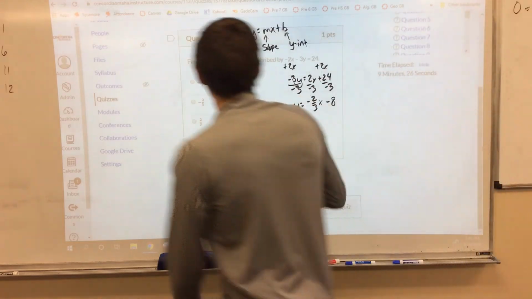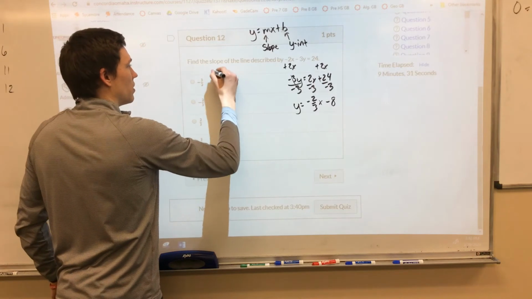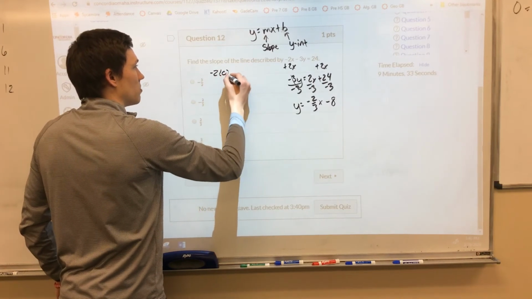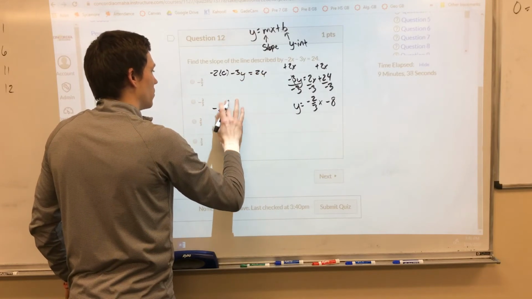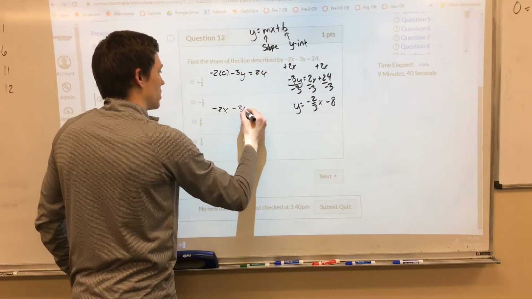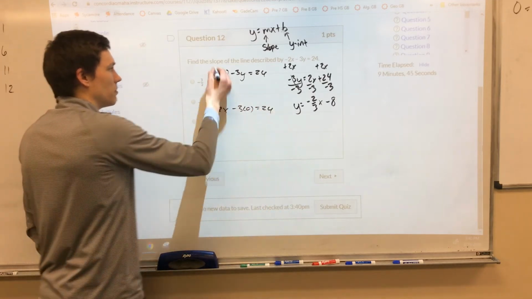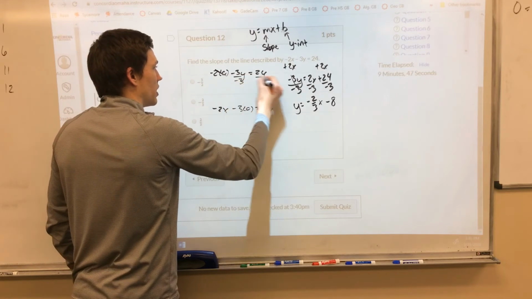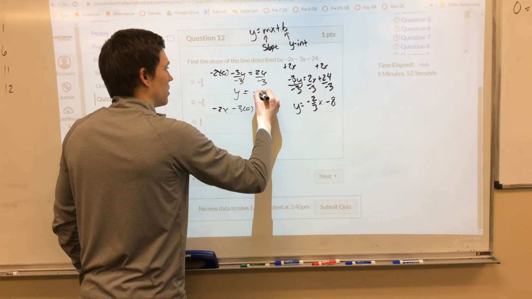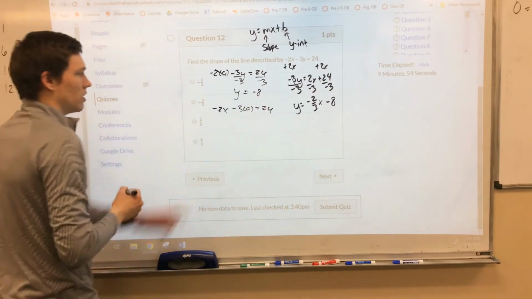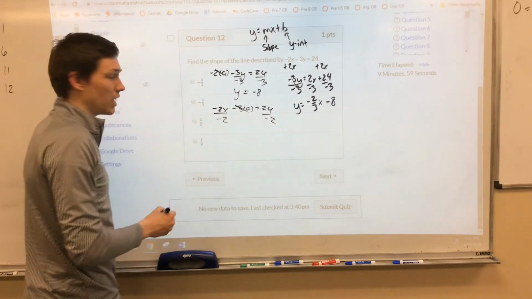The other way, I'm going to plug in zeros for both of them. So I go negative 2 times 0 minus 3y equals 24, and negative 2x minus 3 times 0 equals 24. So from here, 0 is gone, divide both by negative 3, and I get y equals negative 8. This one, get rid of the 0, divide both by negative 2, because it's being multiplied.